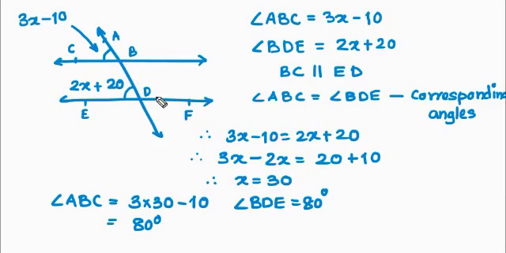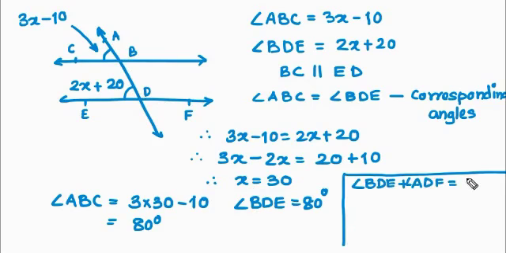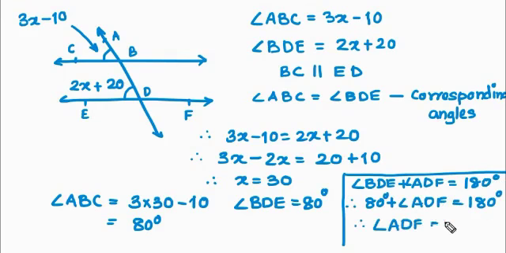Now BDE and ADF make a linear pair. Because they are a linear pair... moves that side, becomes minus. And therefore angle ADF is equal to 100 degrees.